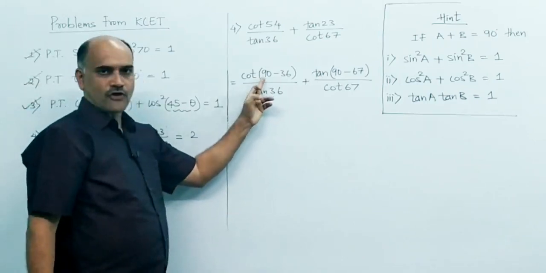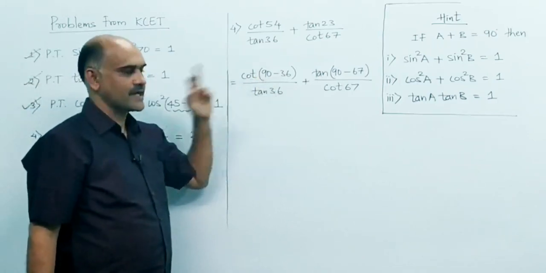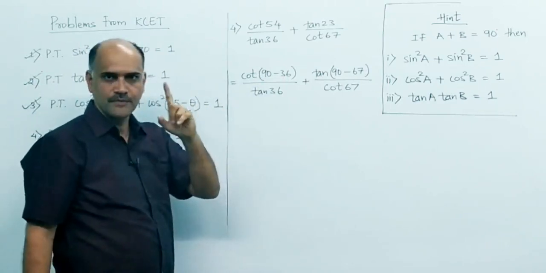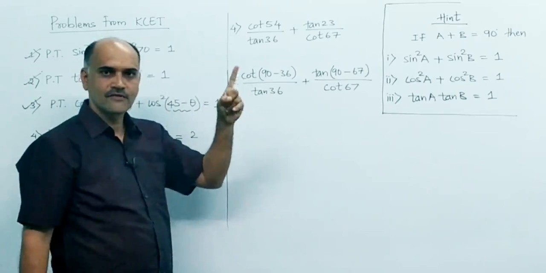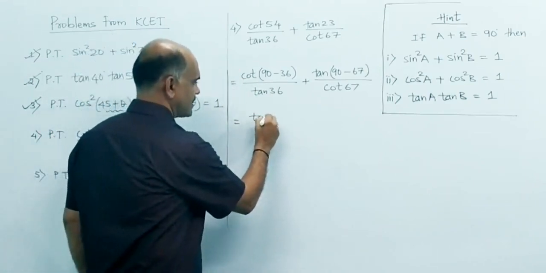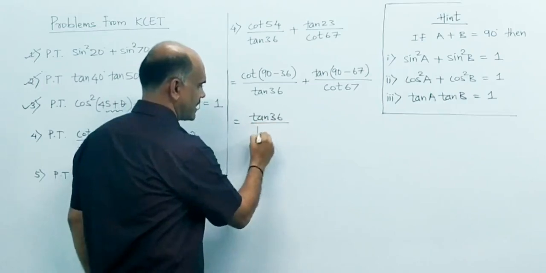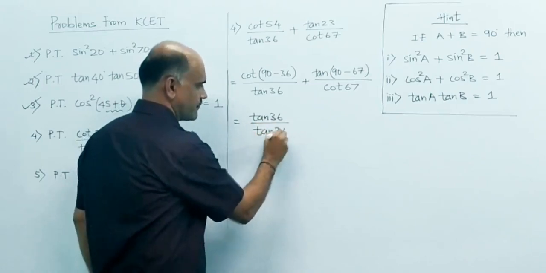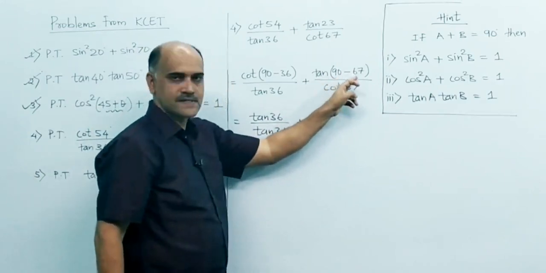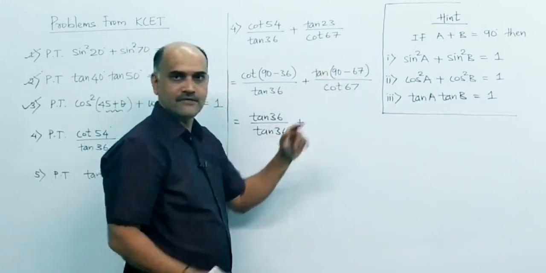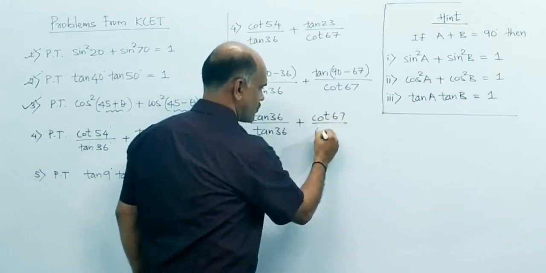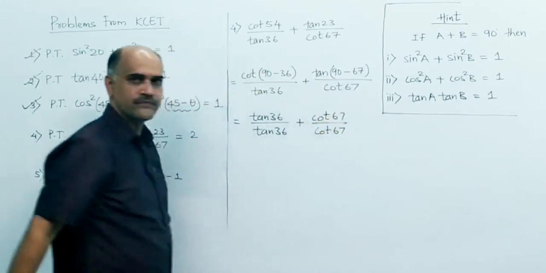So now I apply the allied angle formula, 90 minus theta. 90 minus theta means first quadrant, so it is positive, and cot gets converted to tan. So you will have tan 36 divided by tan 36 plus, here 90 minus theta, first quadrant, tan gets converted to cot, so cot 67 divided by cot 67.